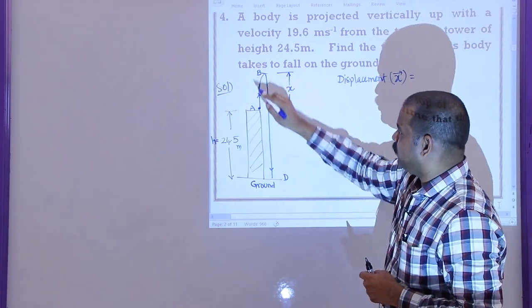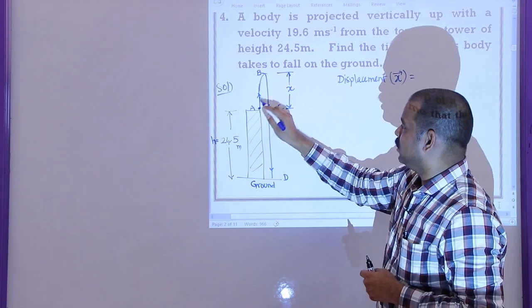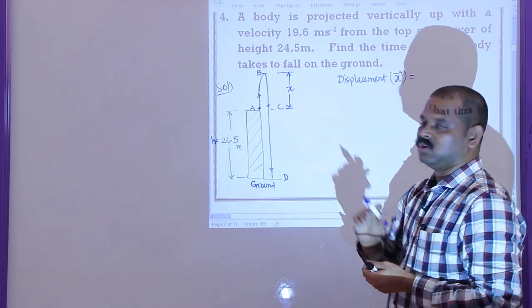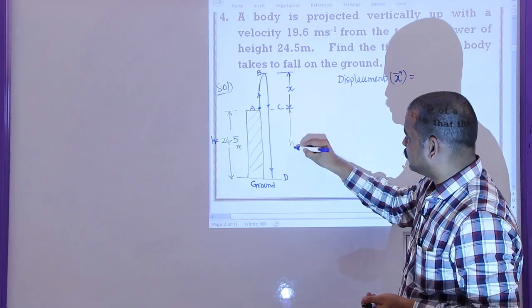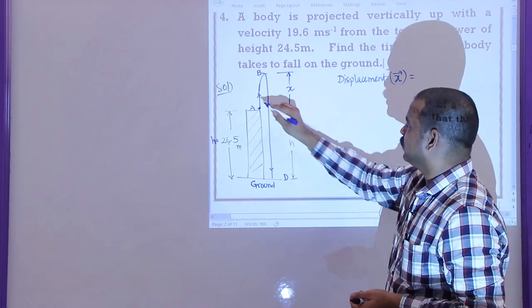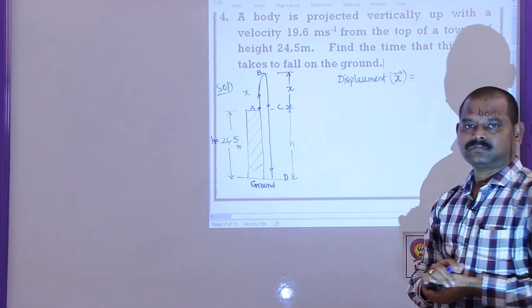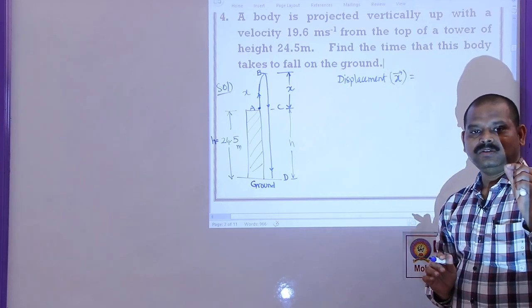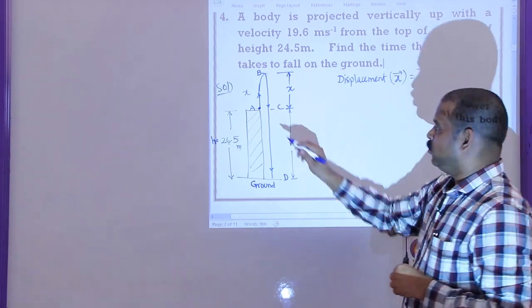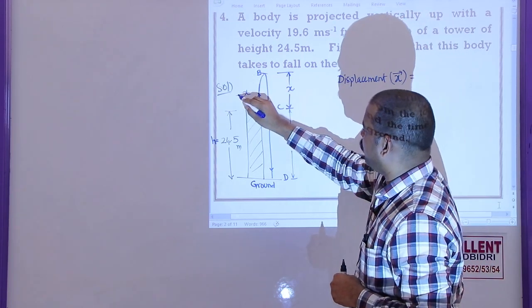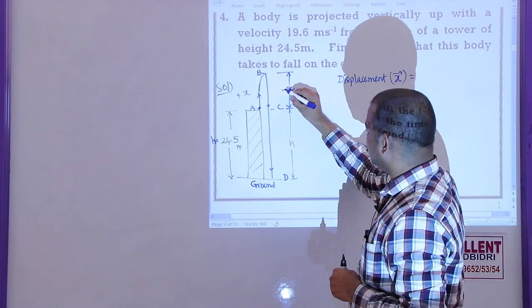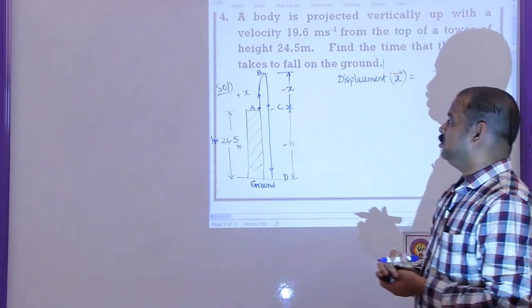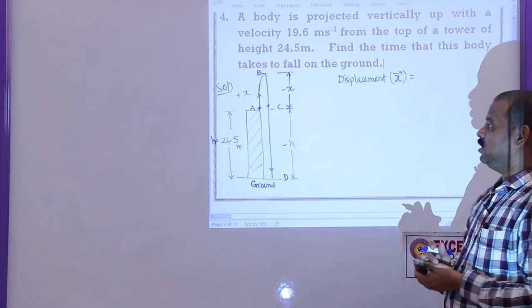While going up, from here to here, if it is x, this is also x only, and from here to here this is h, and this is also x. Now, as displacement is a vector, you take AB as positive, because it is along the positive y axis, and this is negative, this is negative. So, what is the total displacement here?